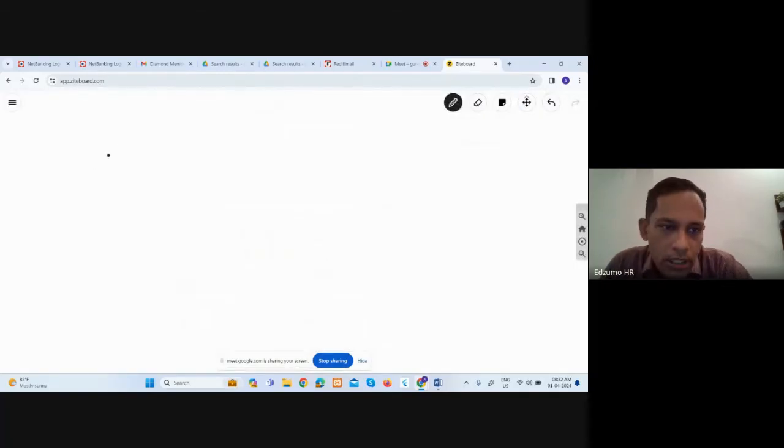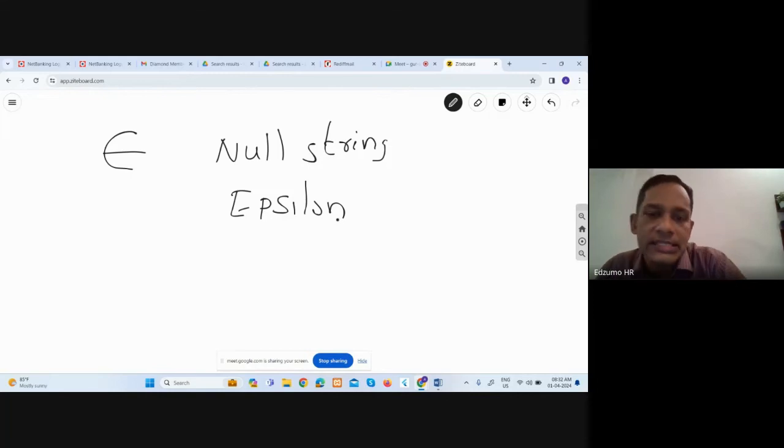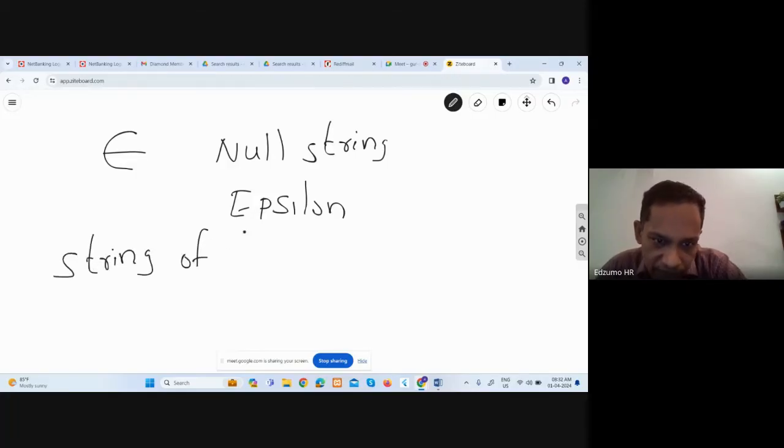So a very important point is epsilon. Epsilon is also called the null string. What is it actually? It is a string of length 0.